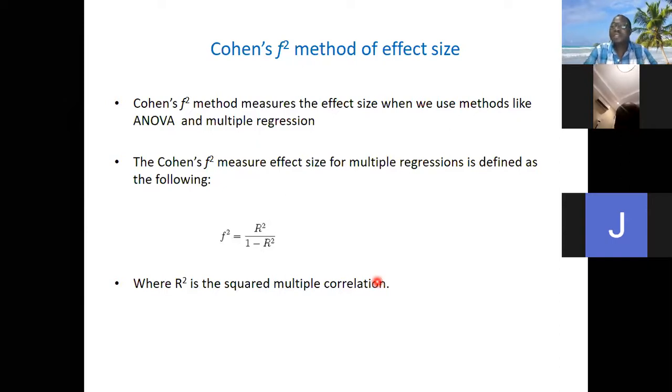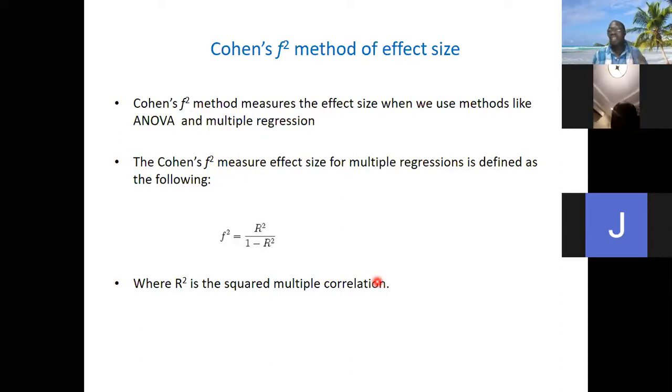What it means is the proportion of the outcome variable that is accounted for by the exposure variable. That is the proportion of the outcome variable that is due to the exposure, because the exposure you are working with and using to predict the outcome is not everything about the outcome.